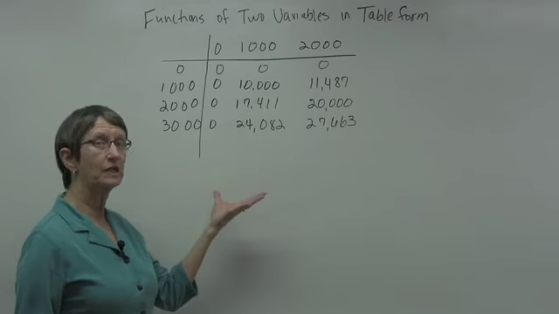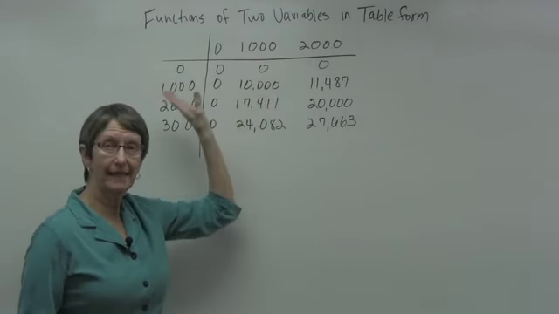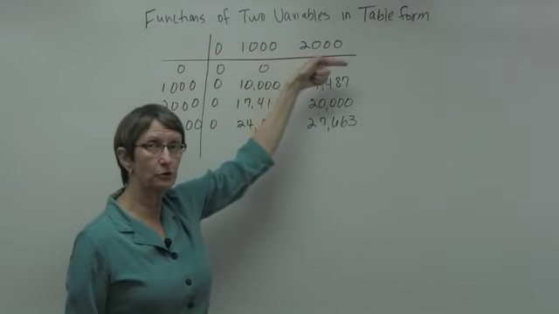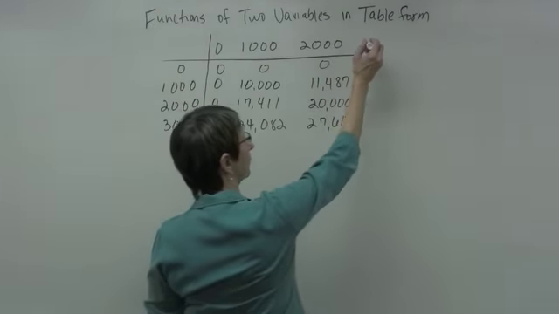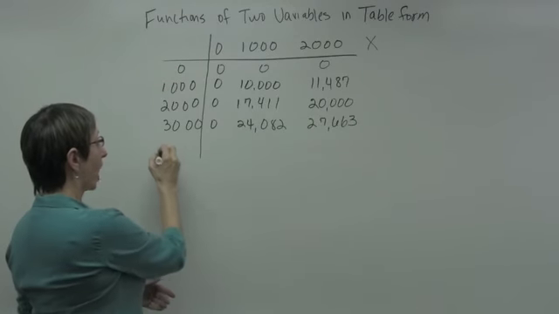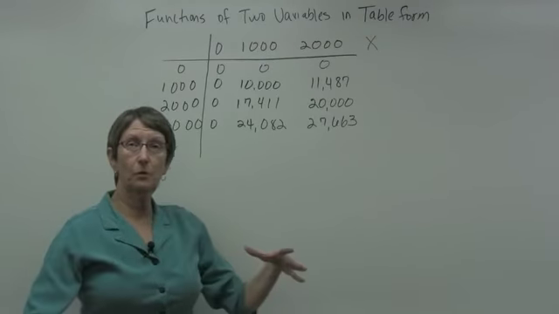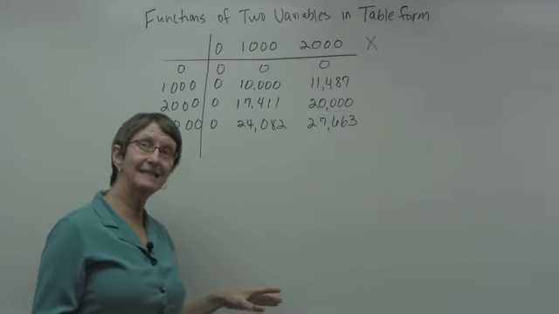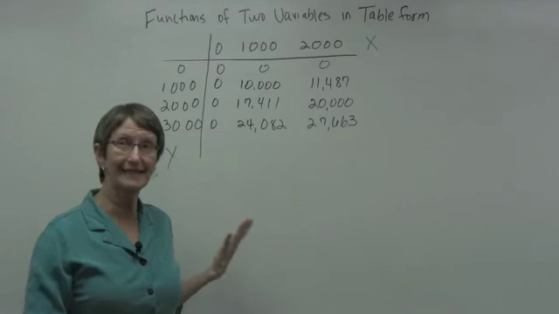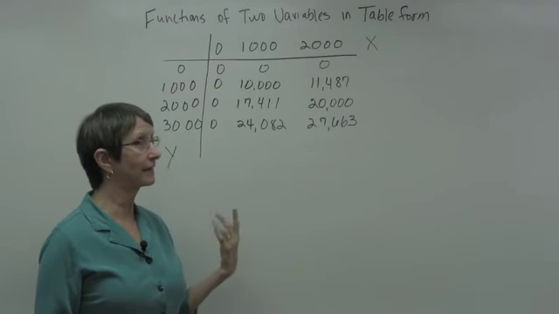Here we have a function of 2 variables set up in the form of a table. The values across the first row are the x values, and the values down the first column are the y values. That is the way it will always be set up in the lessons, and that is the way you need to set it up when we try to start doing this in Excel, which will make life very nice.